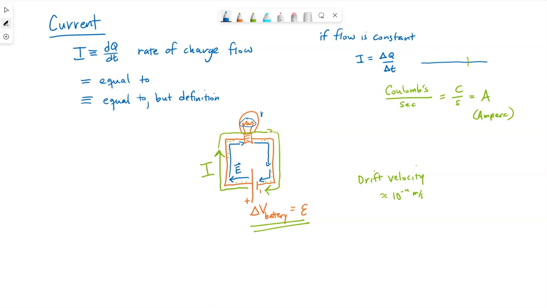We say this light bulb has resistance. We use a capital R to represent the resistance, and we call this light bulb essentially a resistor.